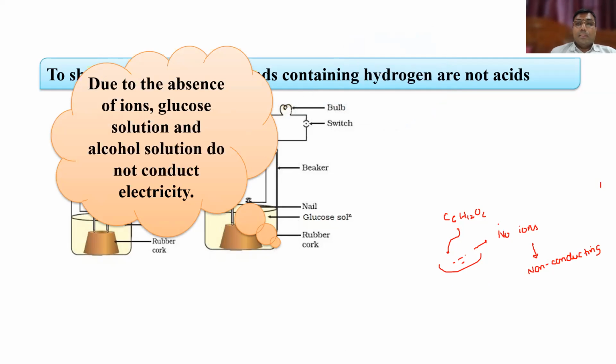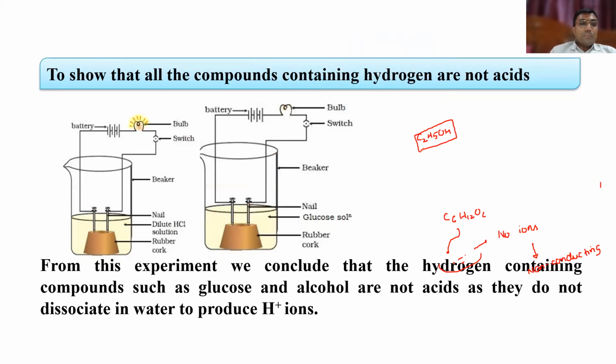Can you help me? Ethyl alcohol, what is the formula? Any idea? C2H5OH is alcohol, right? So from this experiment, you can conclude that hydrogen containing compounds such as glucose and alcohol are not acids. Try to understand, students.